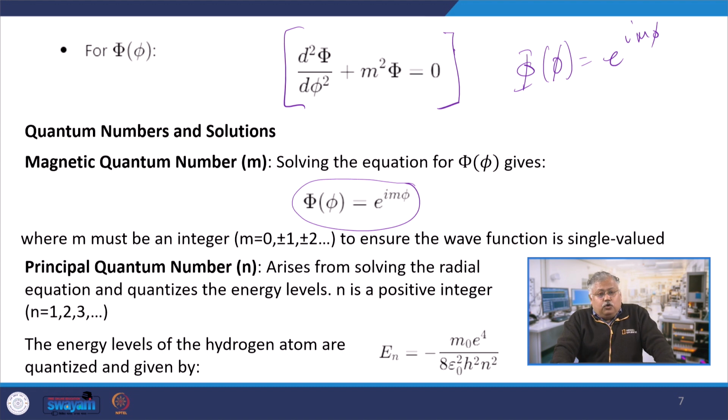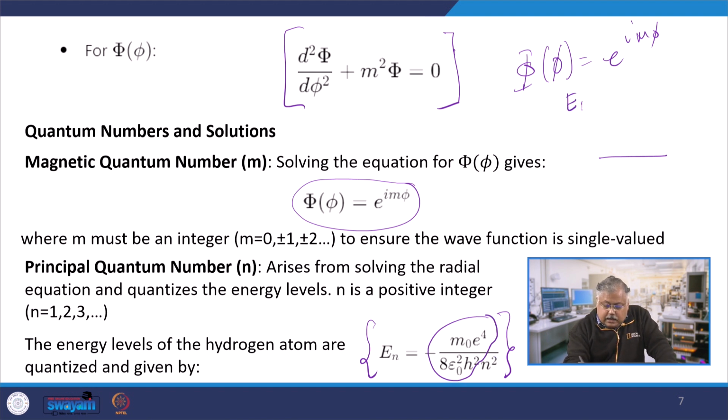Now, we already know that the discretization of energy levels is there in terms of n, and therefore the energy levels of a hydrogen atom are given by this expression here. A hydrogen atom is a single electron system, and if you look carefully, the constant is fixed, so En is directly proportional to minus 1 by n square.